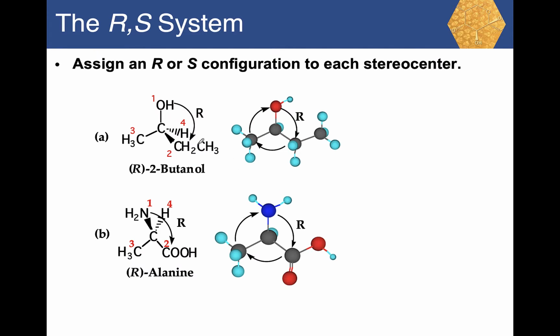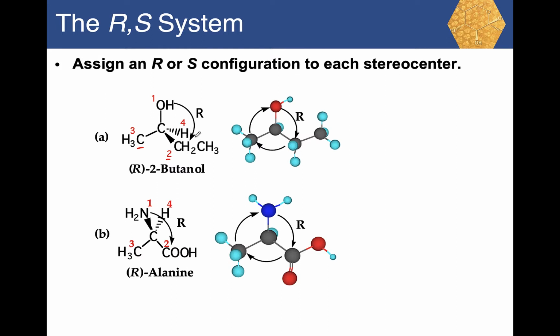So as you can see here, this gets number 1 because the atomic number is higher than carbon and carbon. This gets number 2 because this is a carbon bonded to another carbon, and this is a carbon bonded to another hydrogen, or 3 hydrogen. So this gets number 2. This gets number 3 because it's next, and of course hydrogen gets number 4.